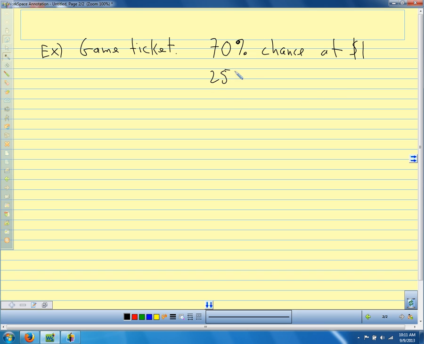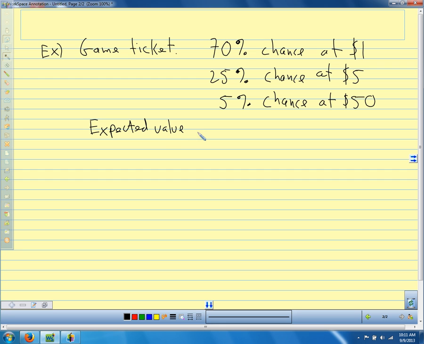You have a 25% chance at a $5 prize, and a 5% chance at a $50 prize. So we buy this ticket. These are the things that we could win when we buy the ticket. We want to find the expected value of the ticket.